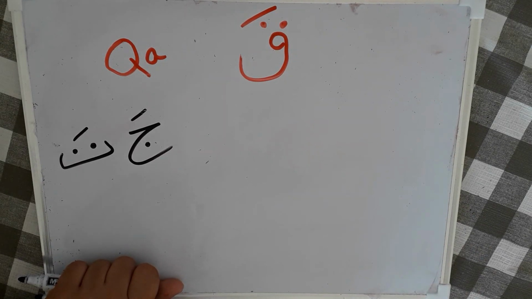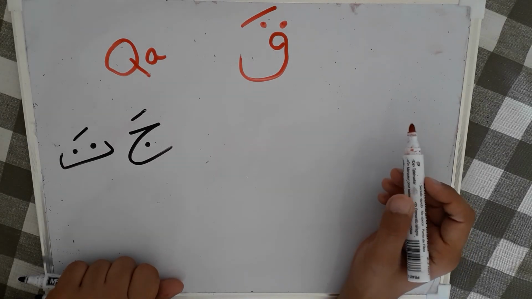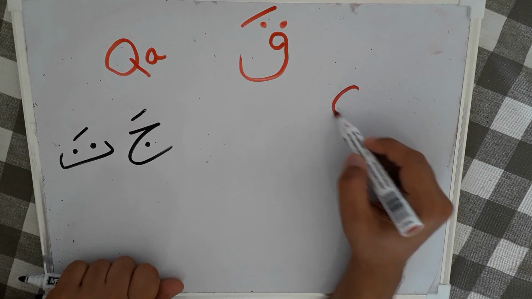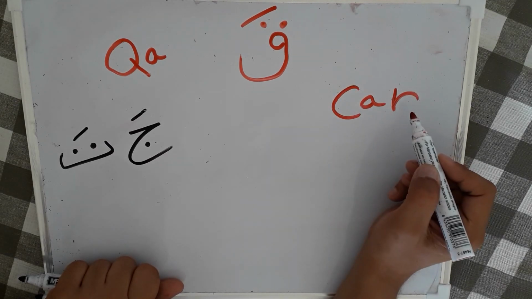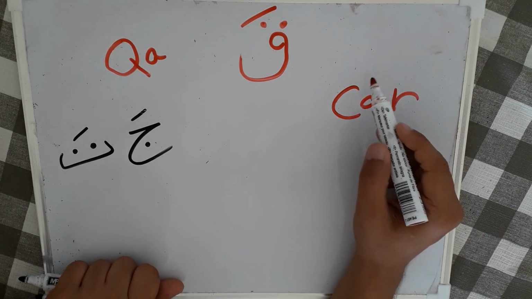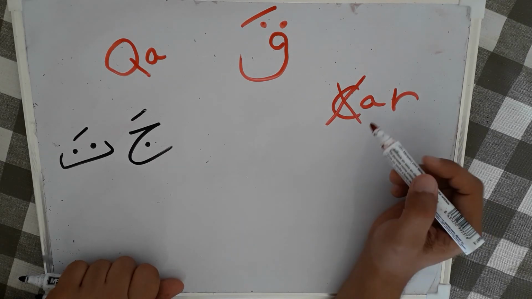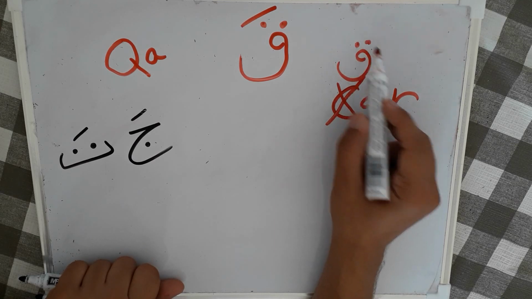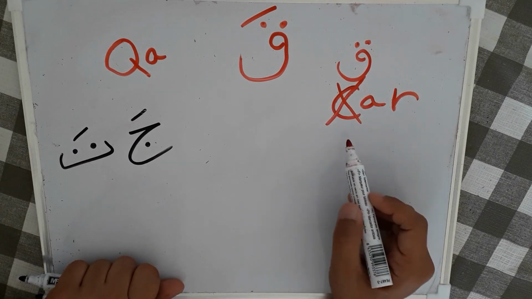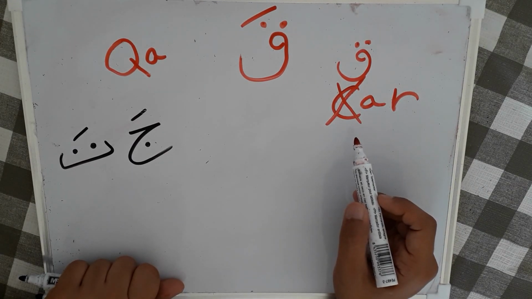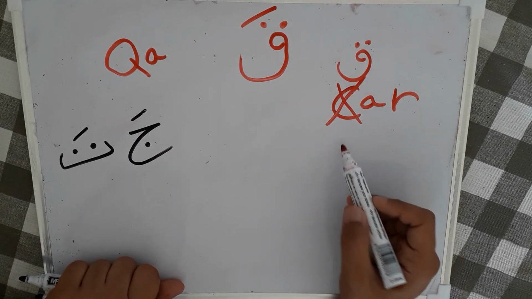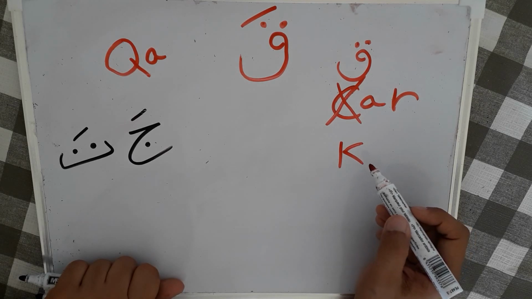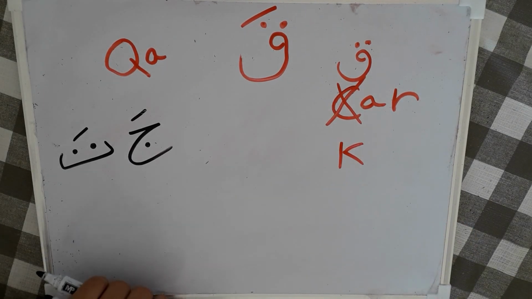Let me think about an idea. For example, the word car in English. Imagine if I remove the C and I add qa in the beginning. So it will be car, car. It's a strong C in the beginning or strong K, okay?